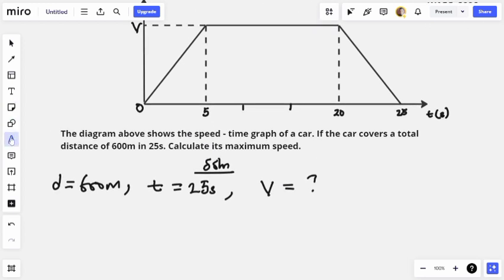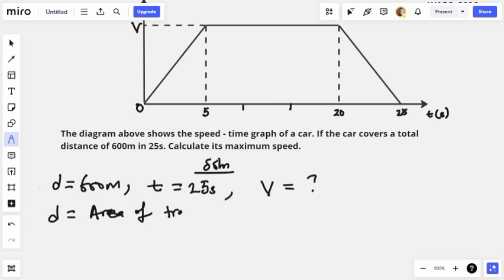So as usual, you recall that total distance is given by what? The area formed by the graph, the area under the graph, and the shape here is a trapezium. So total distance equals the area of what?